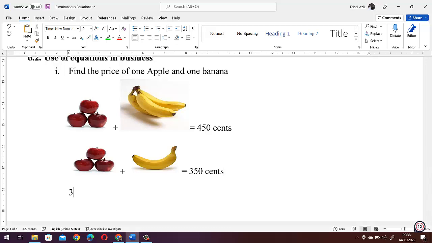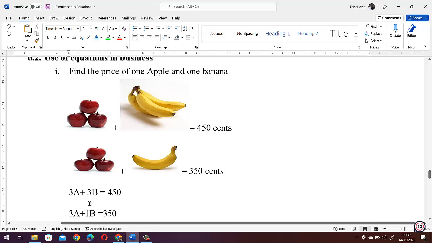We have 3 apples, so I can write 3a, plus 3 bananas, 3b, and this equals 450 cents. This is one equation, and the second equation is 3 apples plus 1 banana, so 3a plus b, and this will become 350. Here you can solve these equations through algebra, through graph, or whatever method you feel comfortable with.